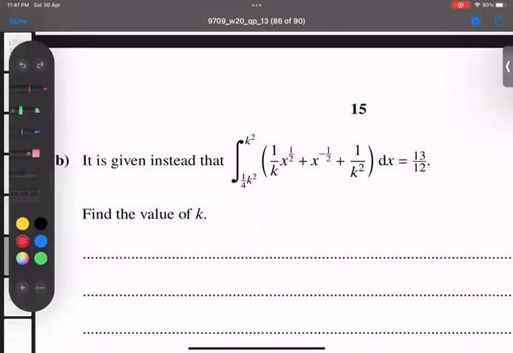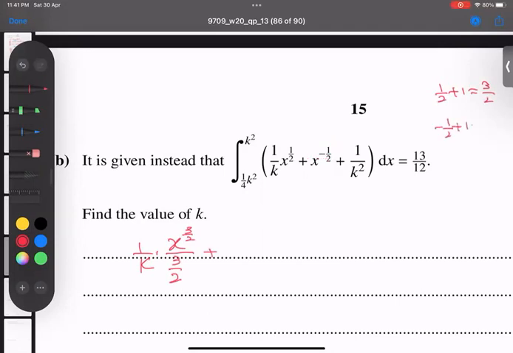So first of all, 1 over k as it is. And what is the integration of x to the power half? Rule: increase the power. It is already half, add 1, 3 by 2. So it becomes x to the power 3 by 2 divided by 3 by 2. And a plus. And what is this one? It's already negative half.